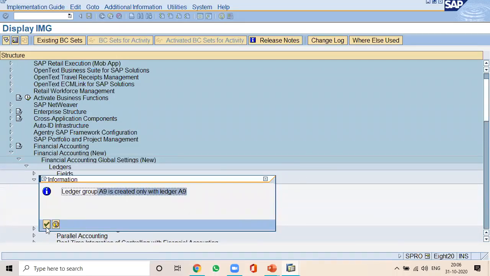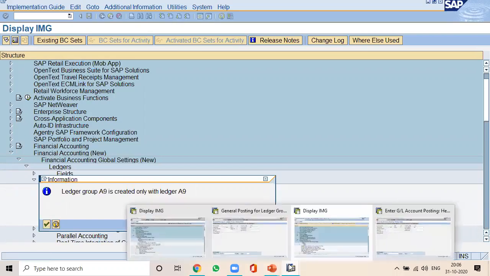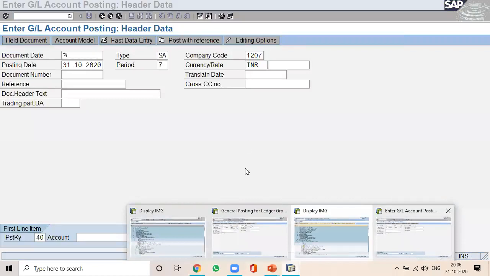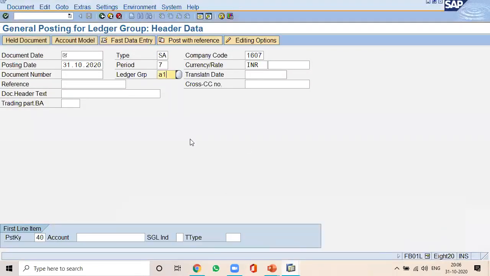Suppose you want to post only to this ledger group A9. In the ledger group, you can enter A9.